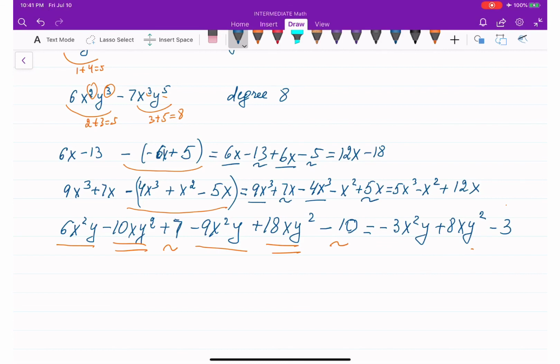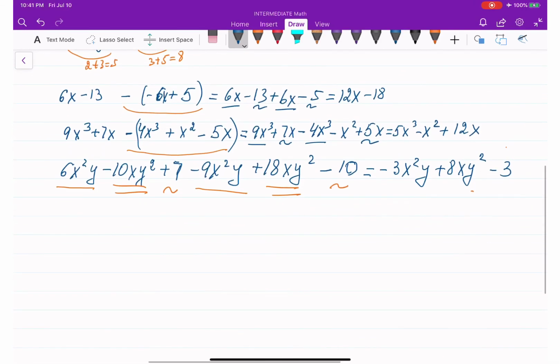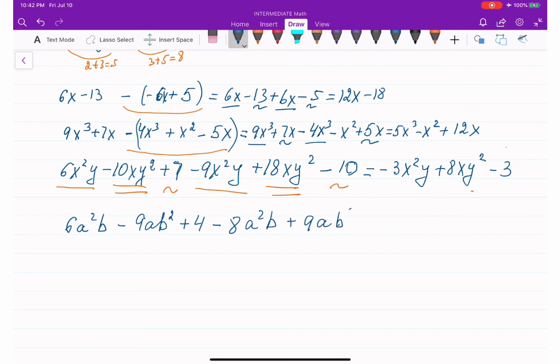Let's do one more. 6a squared b minus 9ab squared plus 4 and minus 8a squared b plus 9ab squared and minus 9.